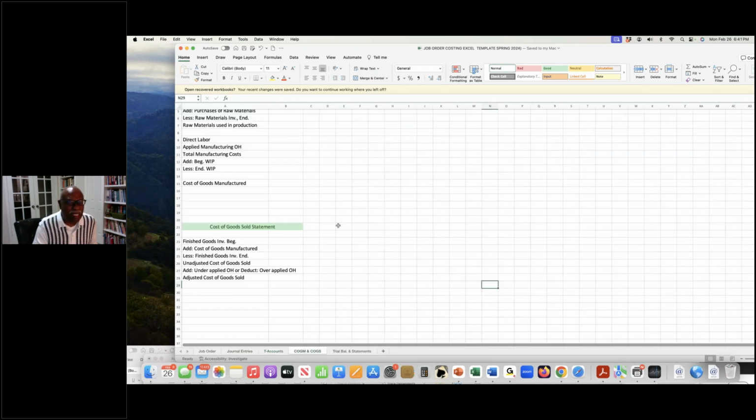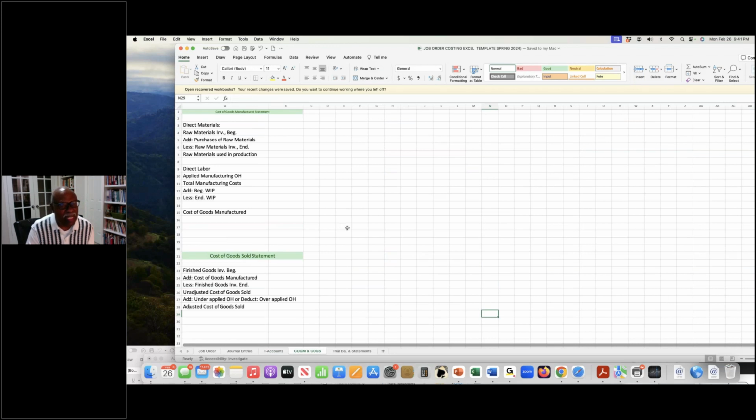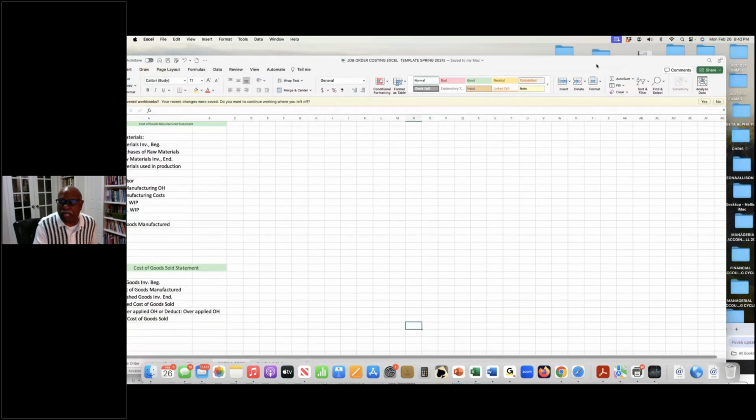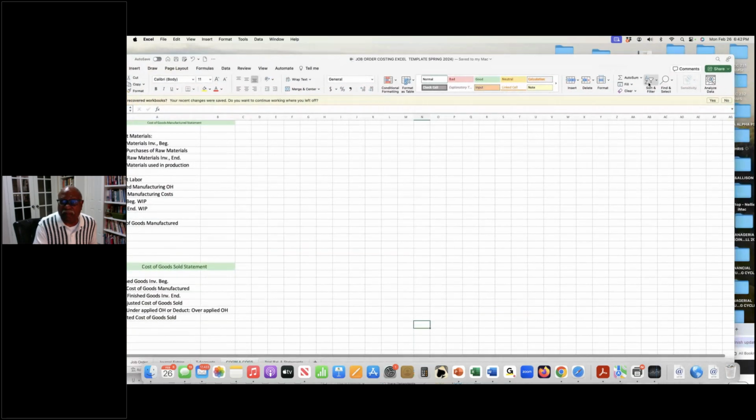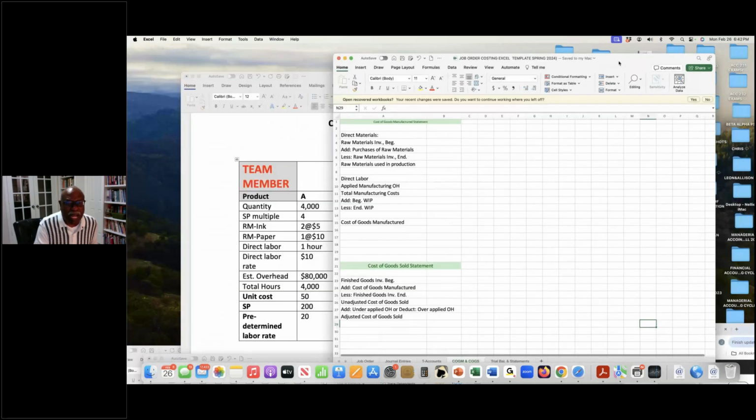Then you have these tables, these schedules, statements you've got to do: a cost of goods manufactured statement and a cost of goods sold statement. These statements are not very difficult, but a lot of times people sort of give up on them when there's virtually three items.